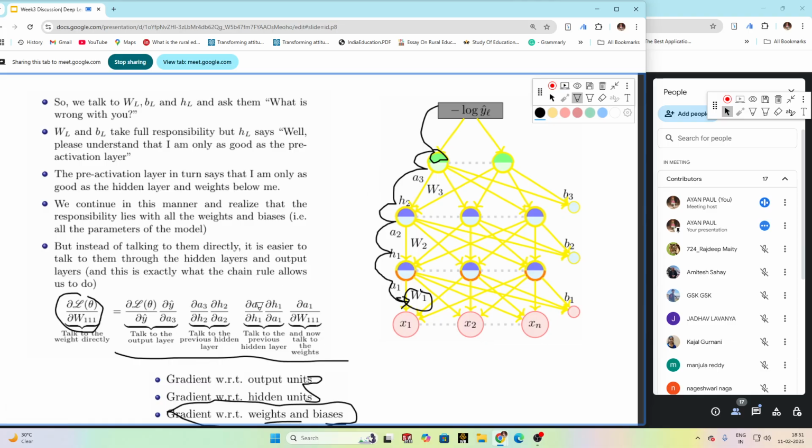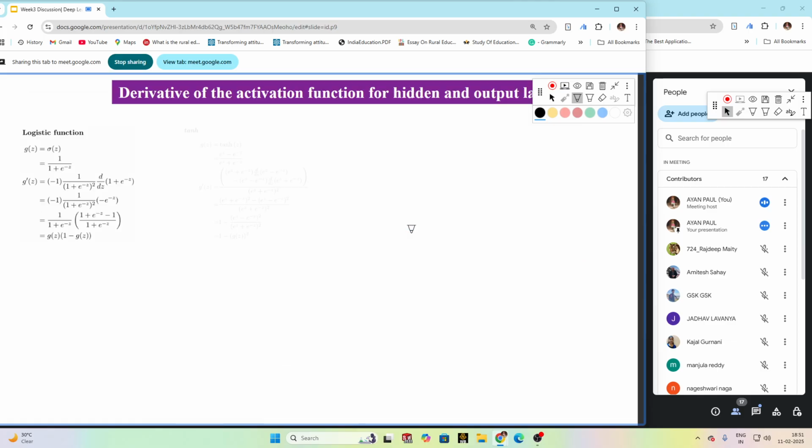Whenever you have to do del H2 by del A2, let's say, what you have to do is differentiate your activation function. That is why it is important to know the derivative of the activation function for the hidden and the output layer.